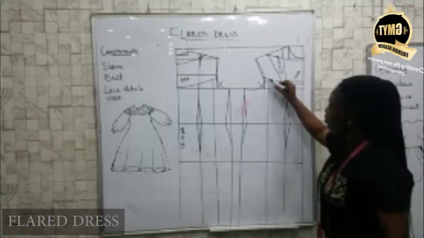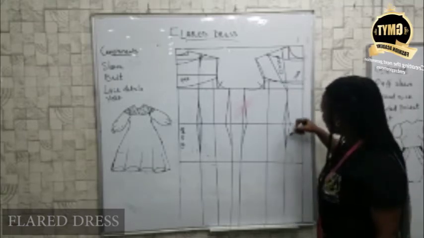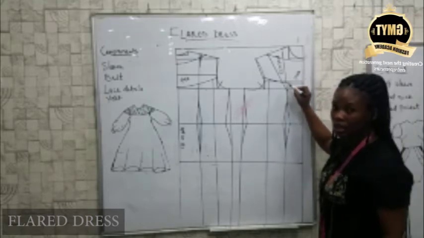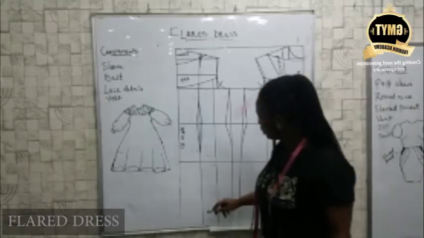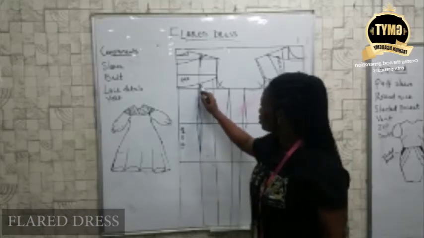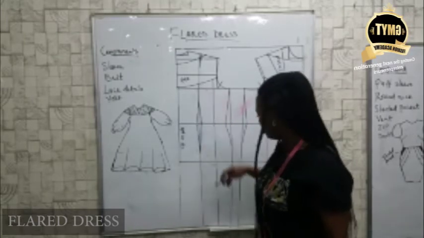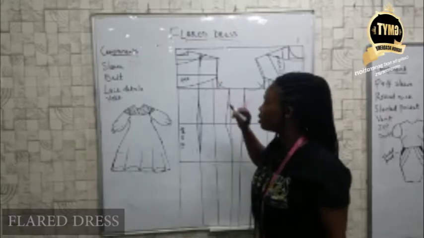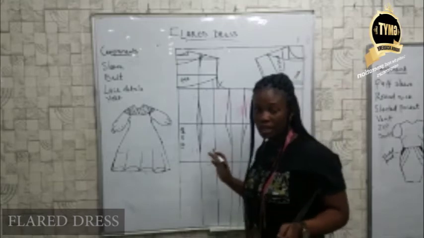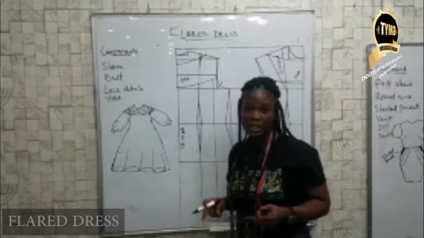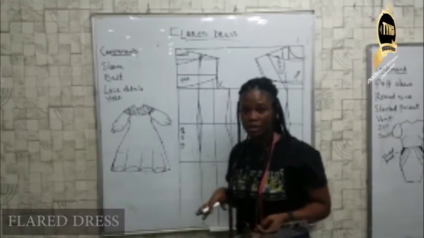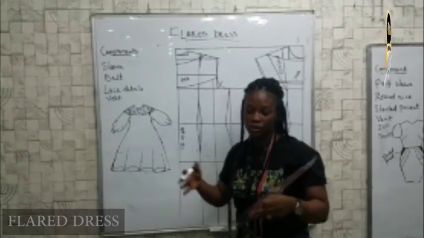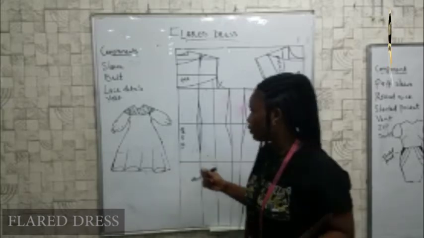So you slash to this point, then you slash this one to this point, close this little dot that you have left. Then you slash the back all the way to the yoke line, and you slash the second line all the way to that point, and you now spread it. You use your slash and spread method. You place it on another paper and spread according to the amount of wideness that you want your flared dress to be.